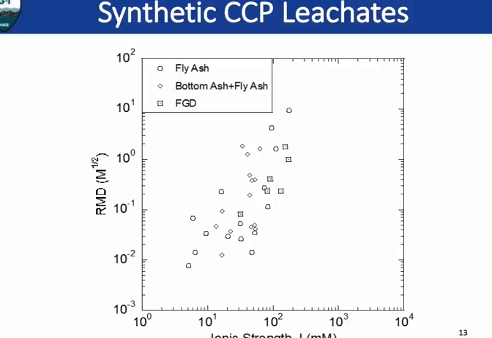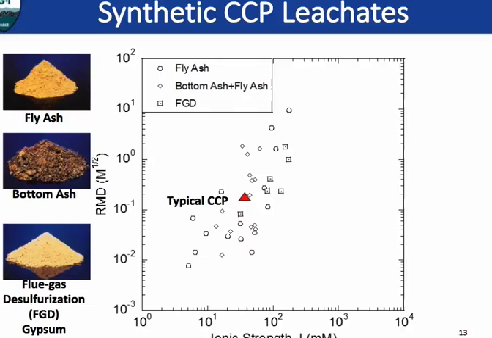So after translating all the leachate chemistry into these 2 parameters, we created a figure showing the RMD versus ionic strength, which makes the leachate chemistry visually much easier to understand. Here, based on this database, we chose 5 synthetic leachates. So I'm going to show them all here.